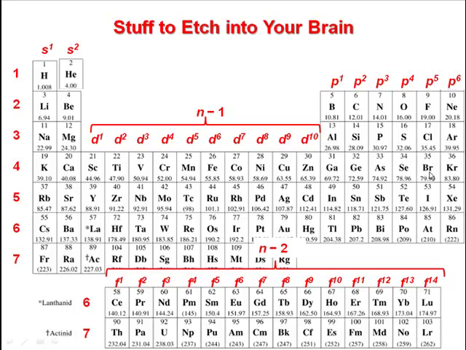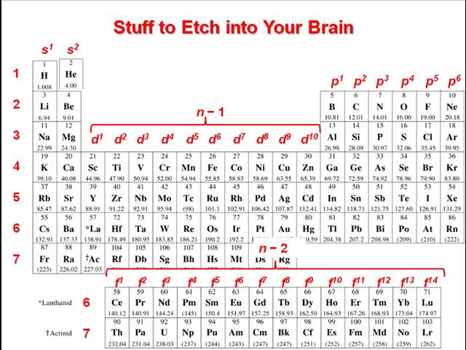What would the code be for bromine here? 4P5. What about potassium? 4S1. What about cesium? 6S1. What about astatine? 6P5. Now, what you are identifying is the very last part of the electron configuration.